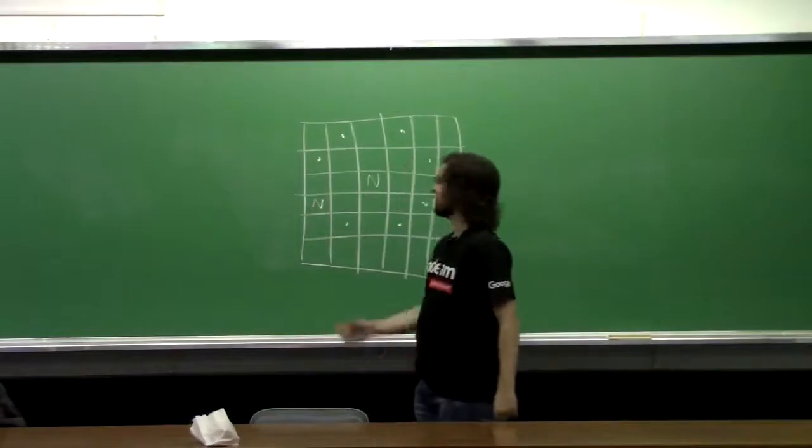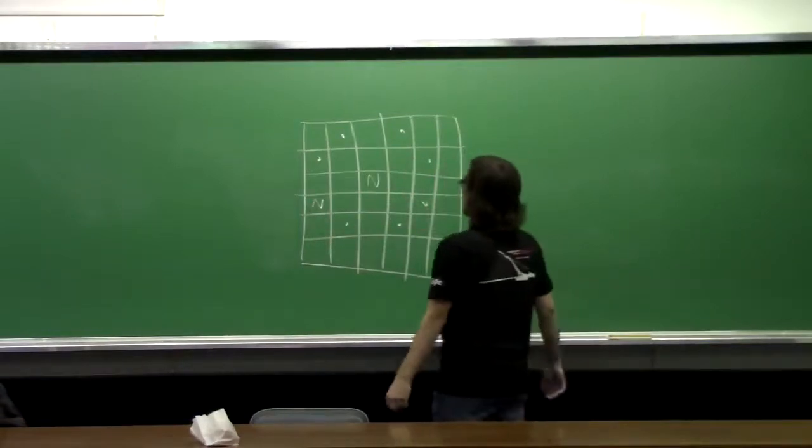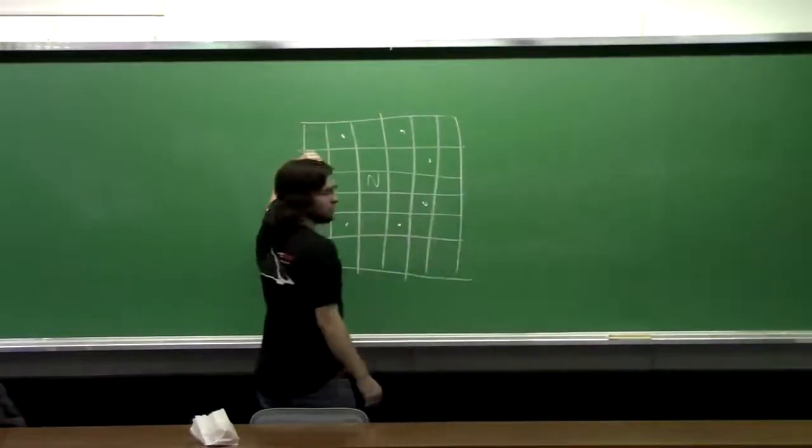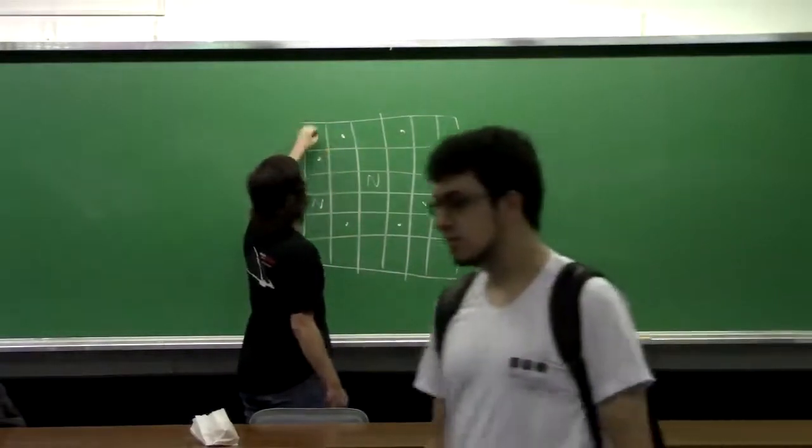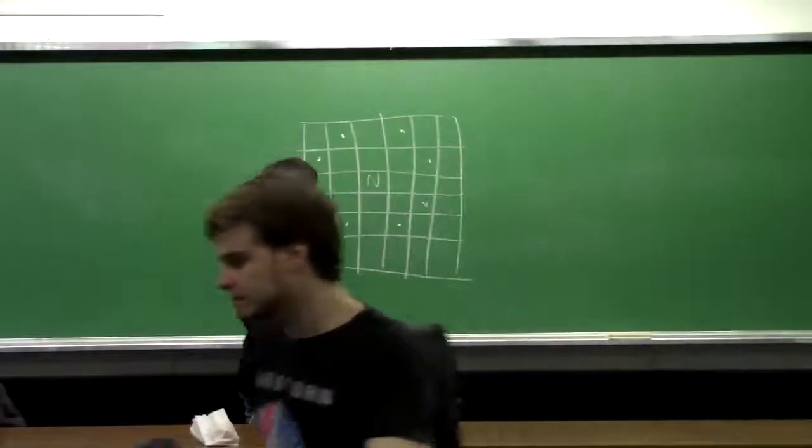For example, for the knight case, we can color the squares as they are in a typical chessboard.